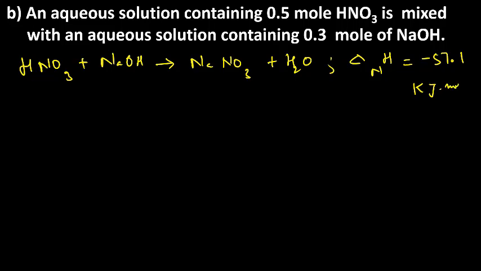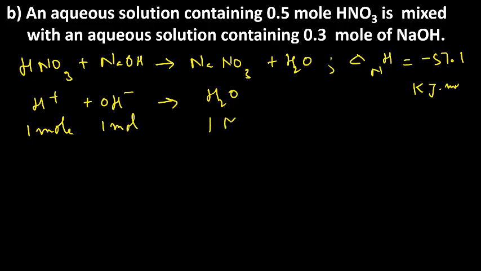Now here H plus plus OH minus gives water. So 1 mole of H plus and 1 mole of OH minus gives 1 mole of water. Say nitric acid, how many moles are available? 0.5 mole of H plus, and NaOH, 0.3 mole of OH minus.